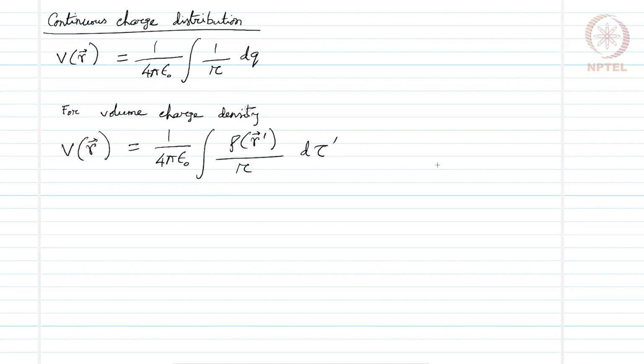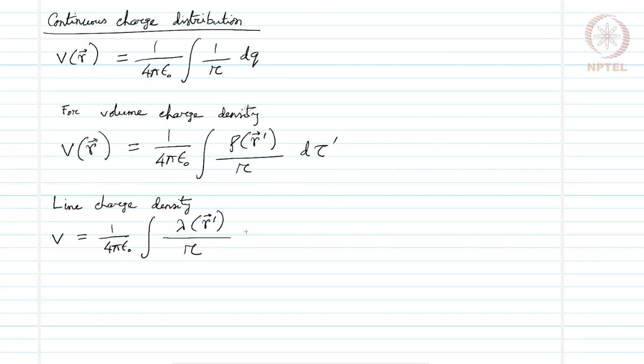And if, instead of volume charge density, we consider line charge density, then we will have the potential given as 1 over 4 pi epsilon naught, integral over lambda, which is a function of r prime, the source coordinate system, over script r dl prime.